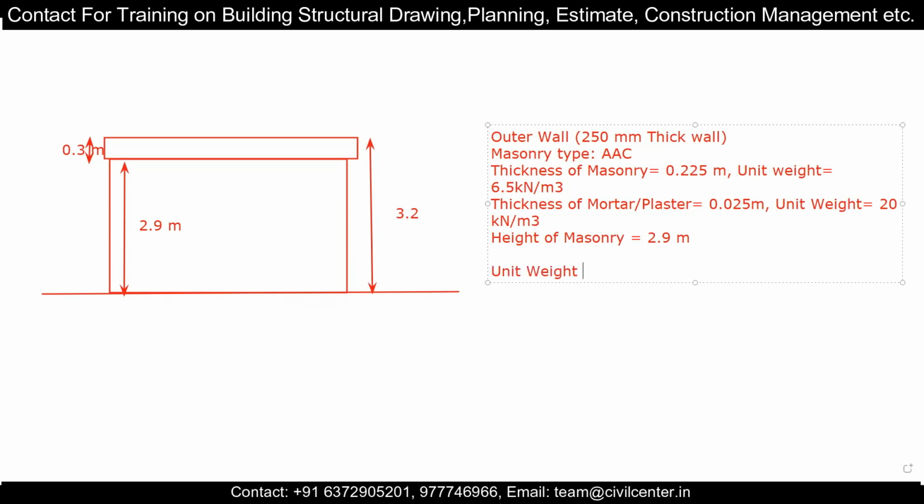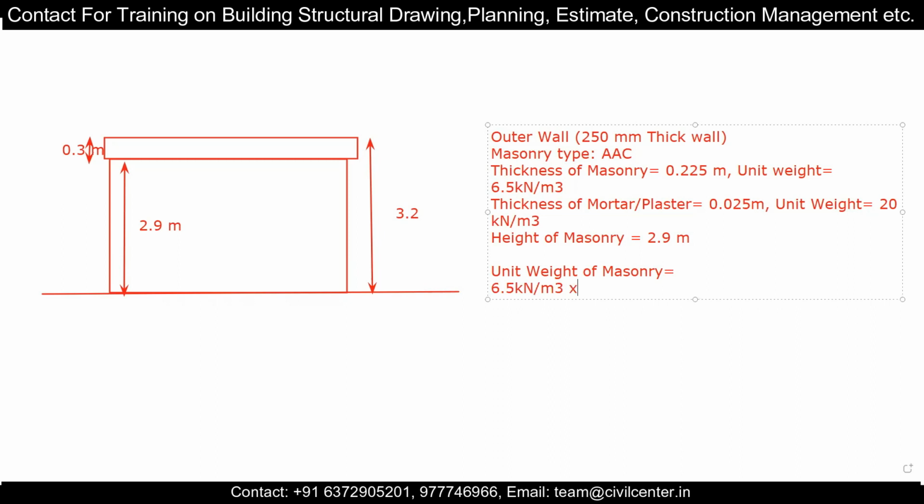It will actually be the masonry plus the plaster. First of all, what is the unit weight of this one? Let's copy this, 6.5 kilonewton per meter cube.